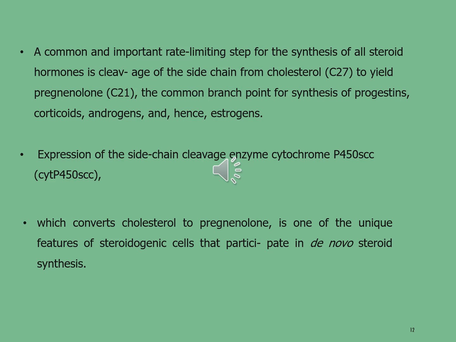The expression of the side chain cleavage enzyme, that is the cytochrome P450 SCC, which converts cholesterol to pregnenolone, is one of the unique features of steroidogenic cells that participate in de novo steroid synthesis.